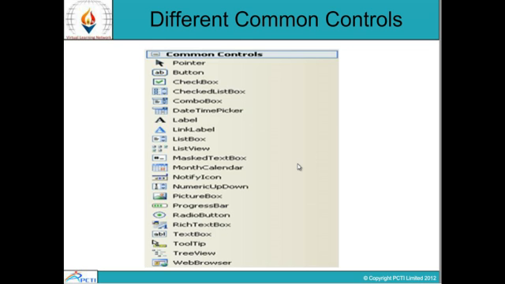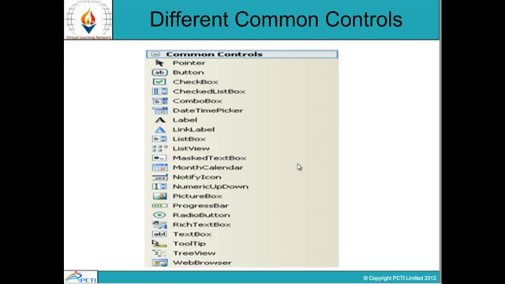Apart from this, there are different common controls that are commonly used, and these are pointer, button, checkbox, checked list box, combo box, date time picker, label control, link label, list box, list view.